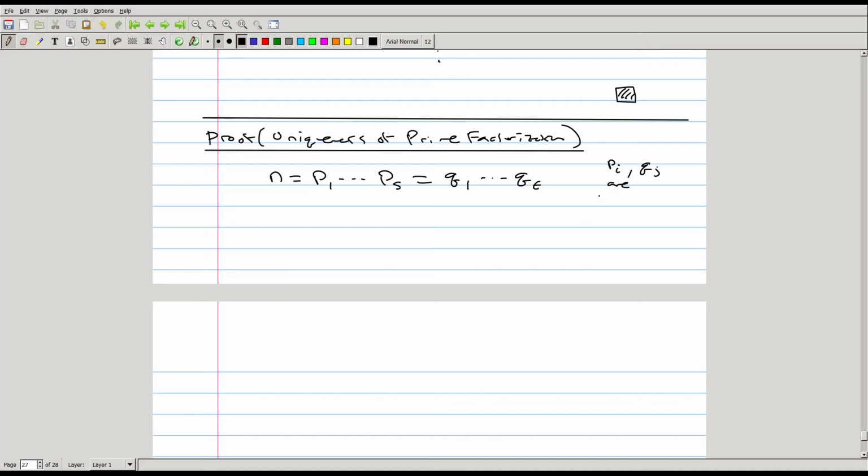So they're primes listed in the order of p1 less than or equal to p2 less than or equal to all the way up to ps, and q1 is less than or equal to q2, which is less than or equal to all the way up to qt.